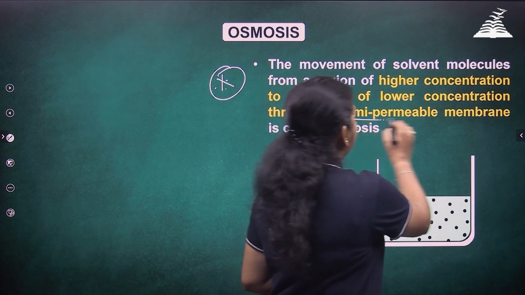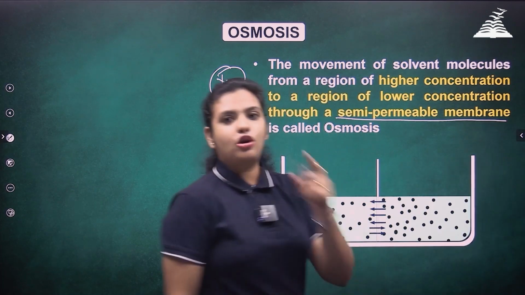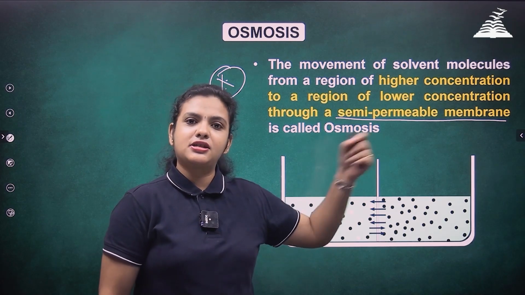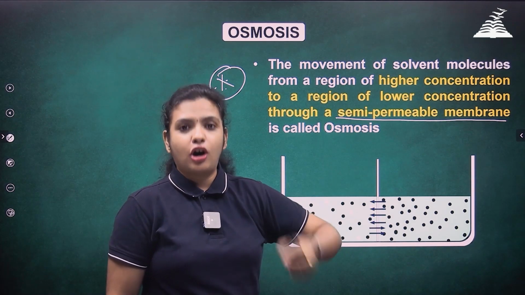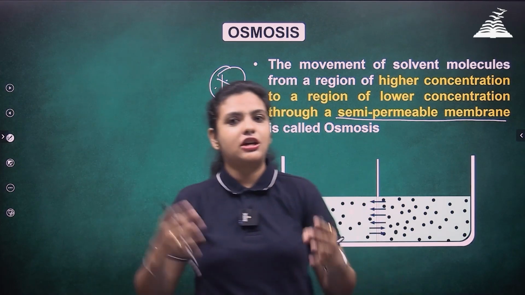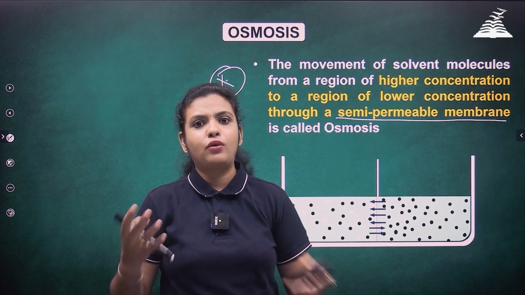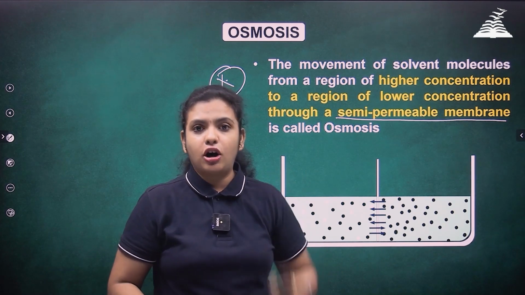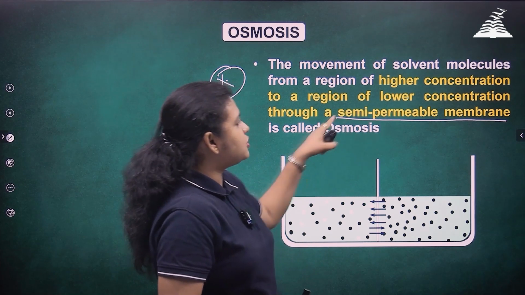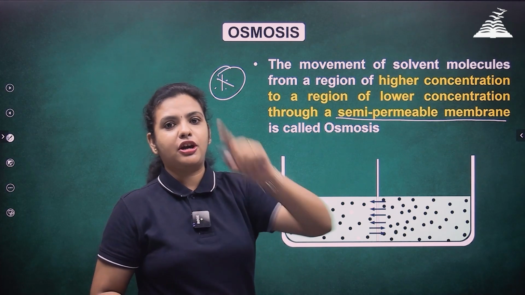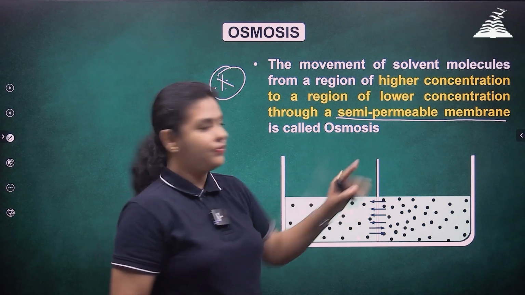Without this semi-permeable membrane, your answer is wrong. Why? Because it is equal to diffusion. If you just say ions and molecules, then who will understand whether it is osmosis or diffusion, right? So, you should always mention this word semi-permeable membrane. Without semi-permeable membrane, your answer is wrong.